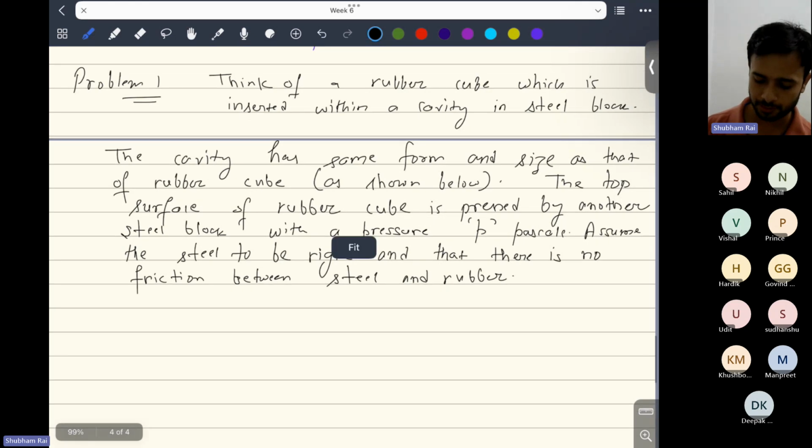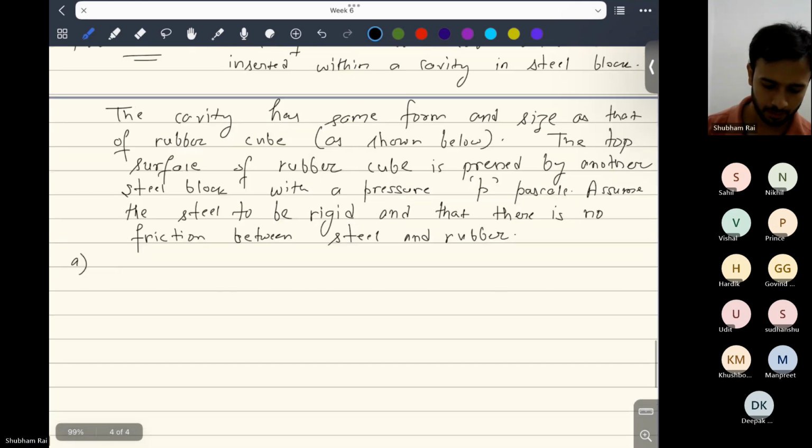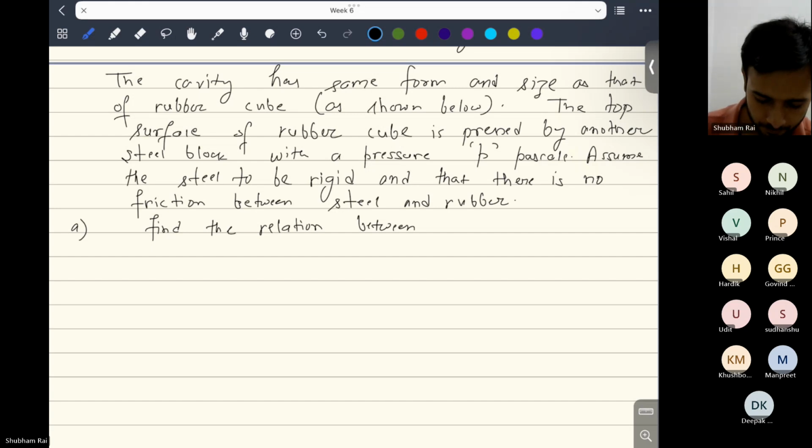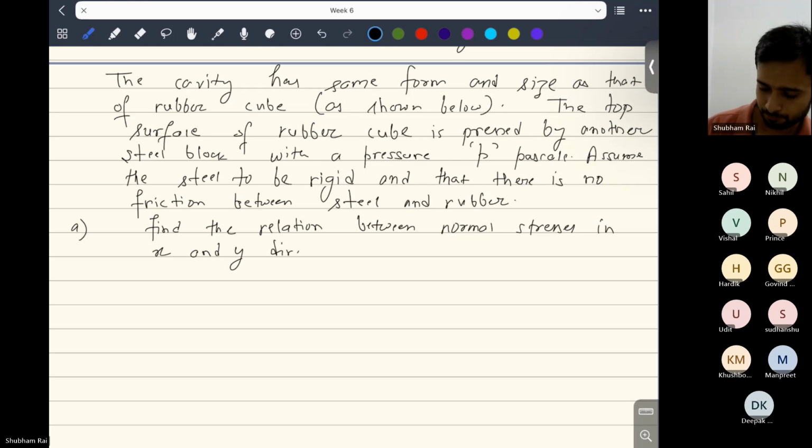In part A, you have to find the relationship between normal stresses in x and y direction in this problem.